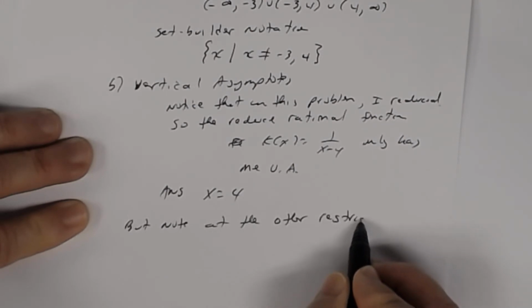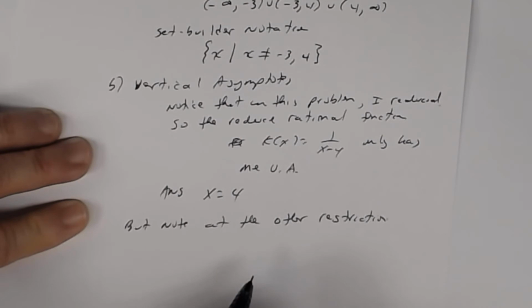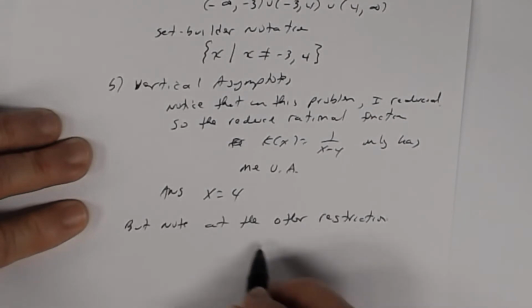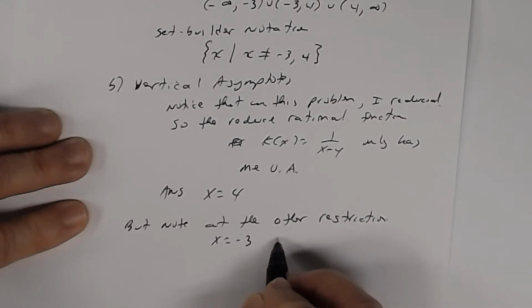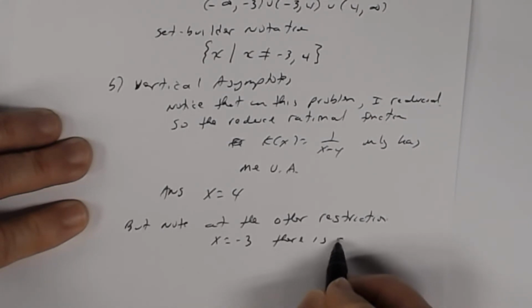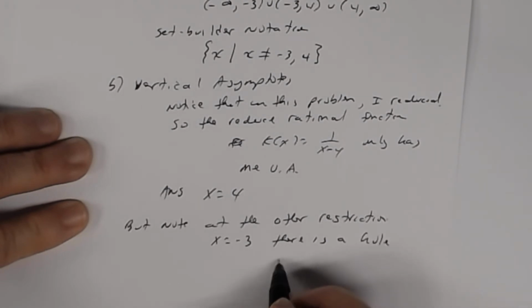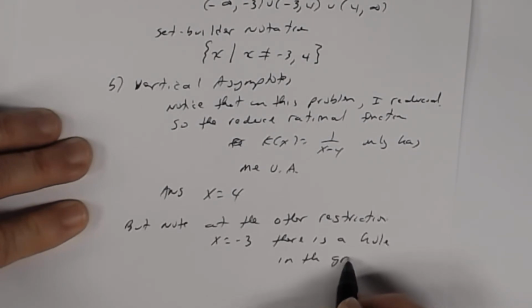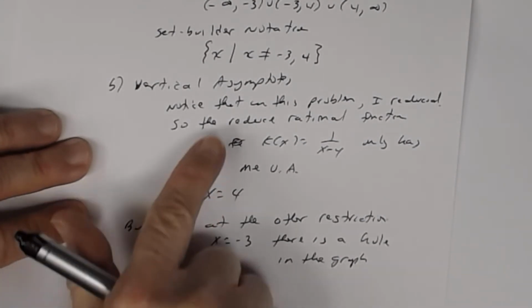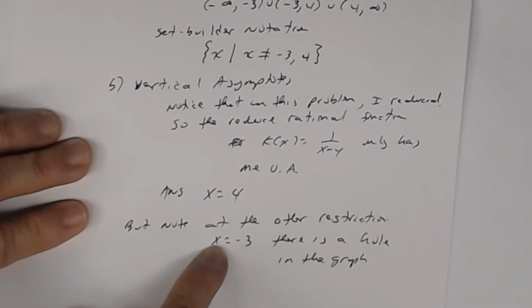All right, so here's a vertical asymptote, but note at the other restriction, all right, listen carefully. You're going to learn about this later on, but I'm writing it right now. But note at the other restriction, x equal -3, there is a hole in the graph. So rather than being a vertical asymptote here, it's going to be a hole.